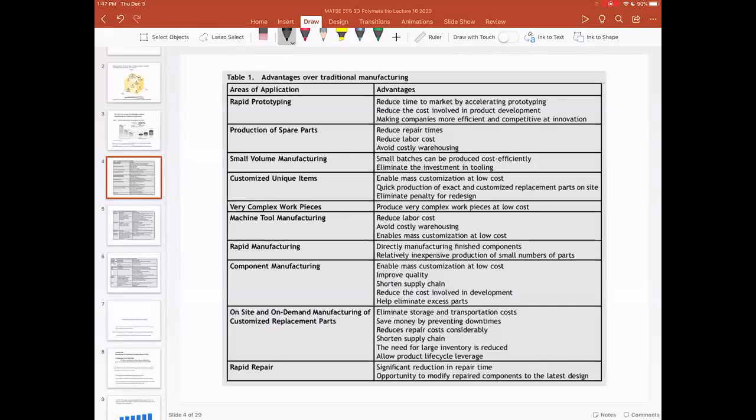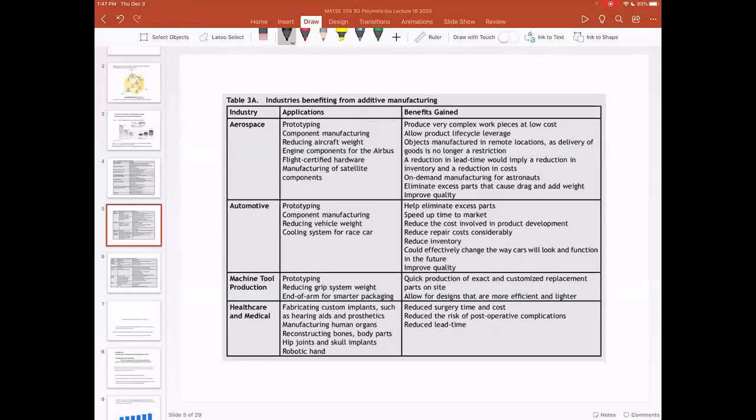Okay, just a couple review slides here. We've seen this before, so you can think about these things. We're going to talk mostly about healthcare and medical in this PowerPoint slide, and we're going to cover the other things later, but custom implants, custom prosthetics, perhaps manufacturing human organs. We'll talk just a little bit about that.